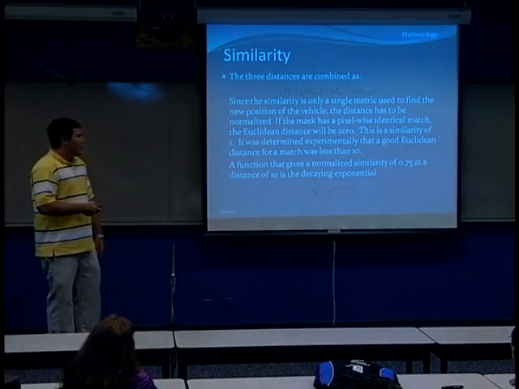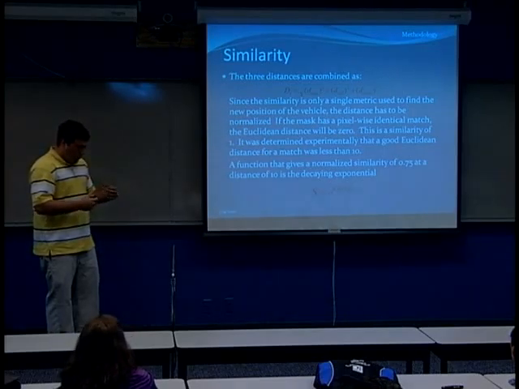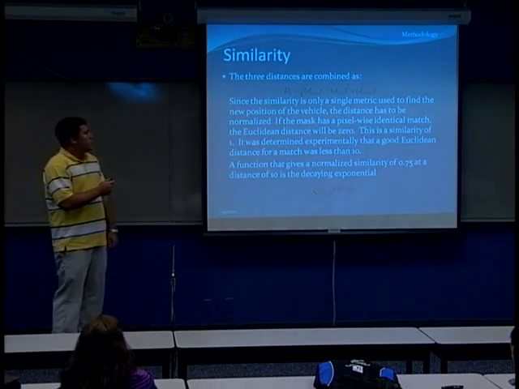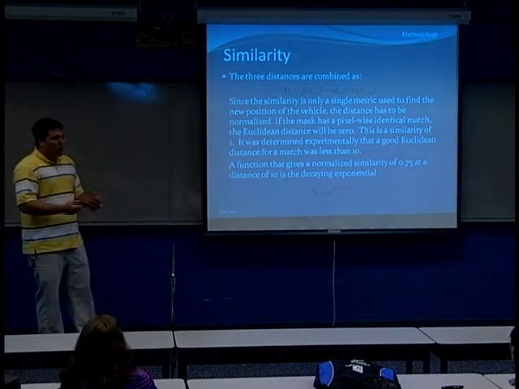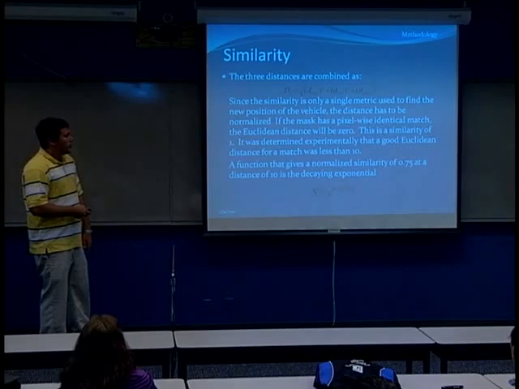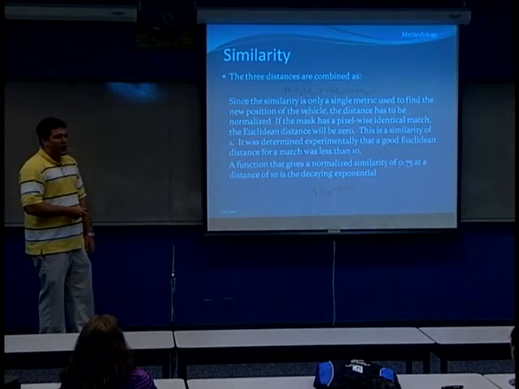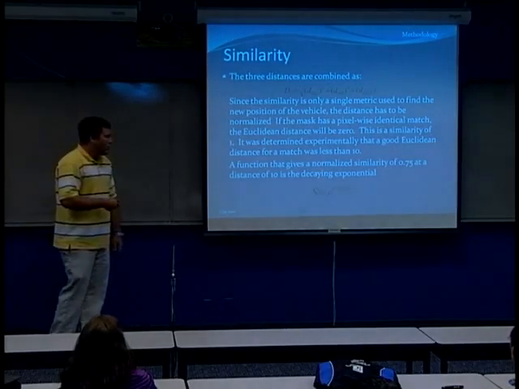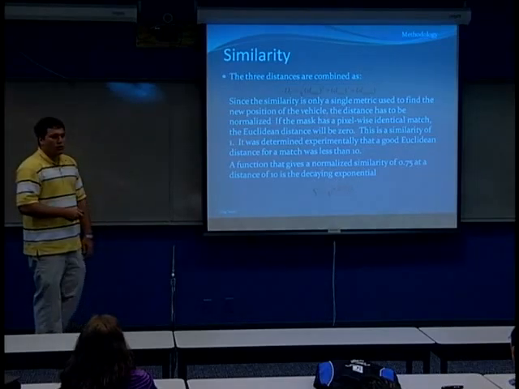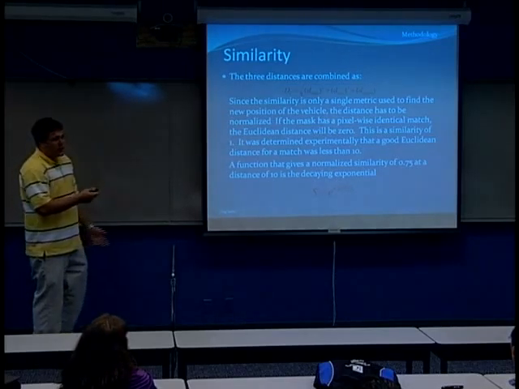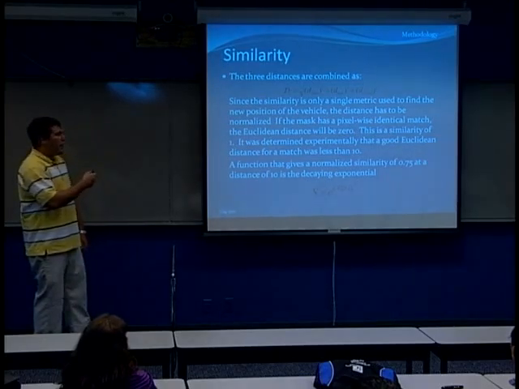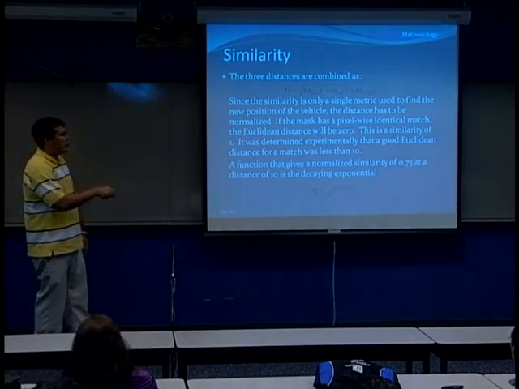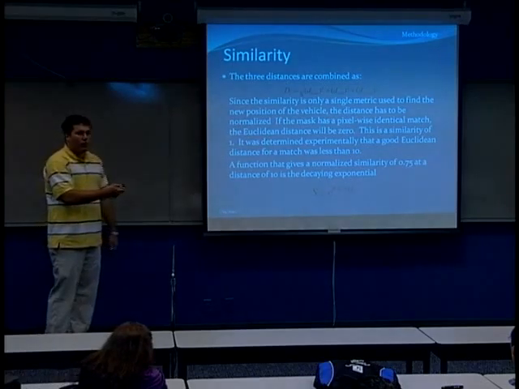Through looking at the data, we figured out that a Euclidean distance of about 10 was a pretty good match. So we set that to equal about 0.75, and then fit a decaying exponential function. If it's exactly the same, the distance is 0, which makes it a 1, and as the distance gets larger, the function gets smaller and it becomes less similar.